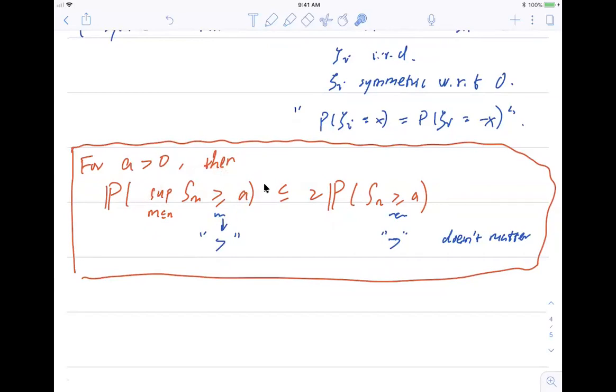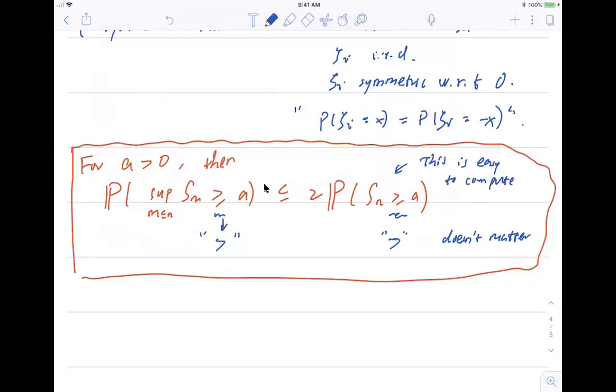This is the control of the maximal value by just one endpoint, which is of course much easier to compute.